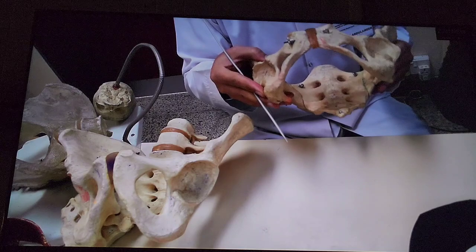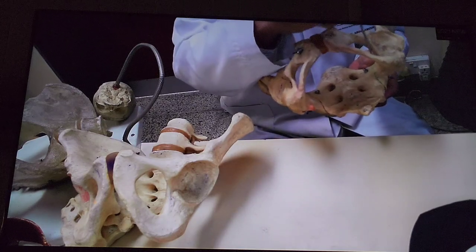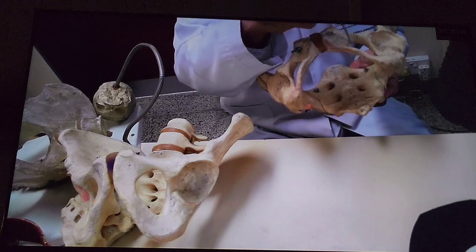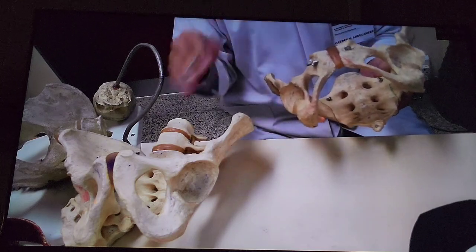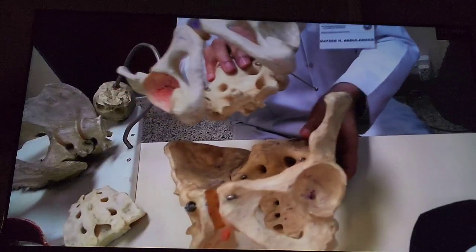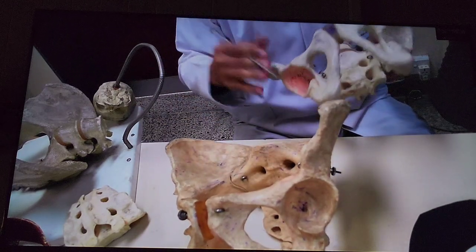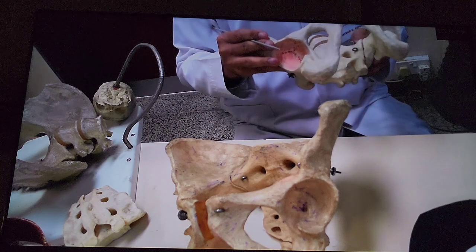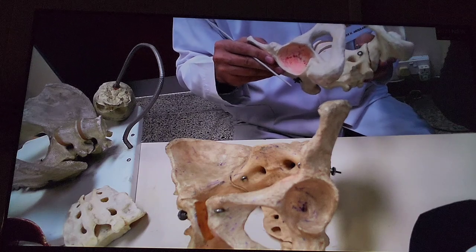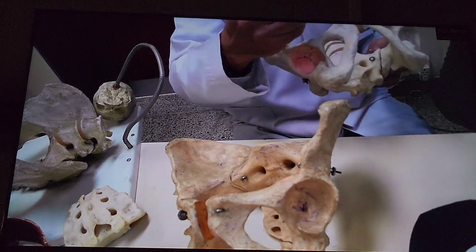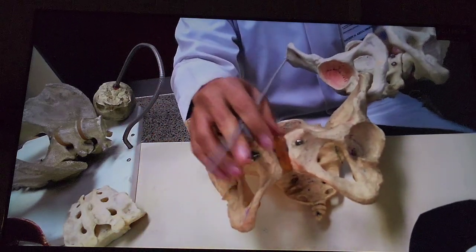The obturator foramen is smaller, or triangular shape in case of female, while it is oval or large in male. The subpubic angle, sorry, the symphysis pubis in male is smaller than that of the female.